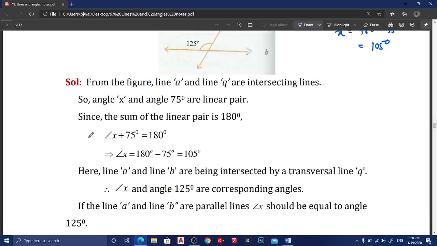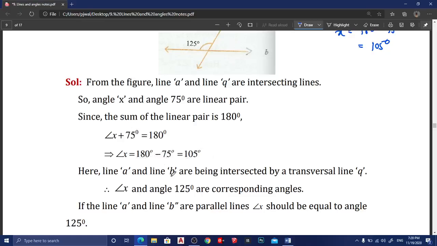I will show the steps here. So here lines A and Q are the intersecting lines, and angle x and angle 75 are a linear pair. Therefore, the sum of the linear pair is 180 degrees. So x plus 75 is 180. Now transposing this 75 to the right side, we get 180 minus 75, which is 105 degrees, the angle x.